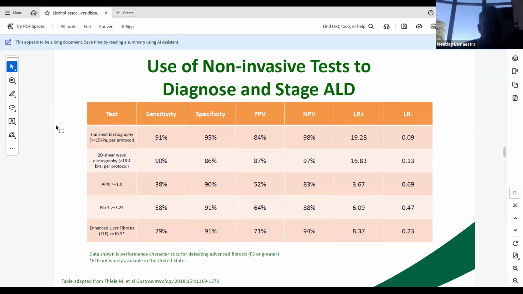None of these tests diagnose alcohol or alcohol-associated liver disease, but this is just telling you that they are reasonably useful to stage liver disease if people have alcohol. But to diagnose, take a history, Audit C, CAGE, PEth, talk to family members, talk to support people, figure out what's going on with alcohol.